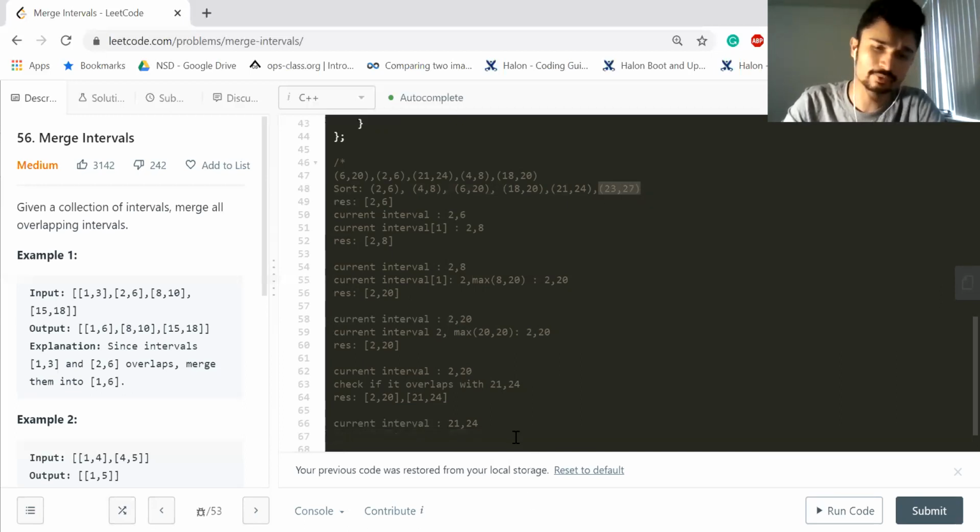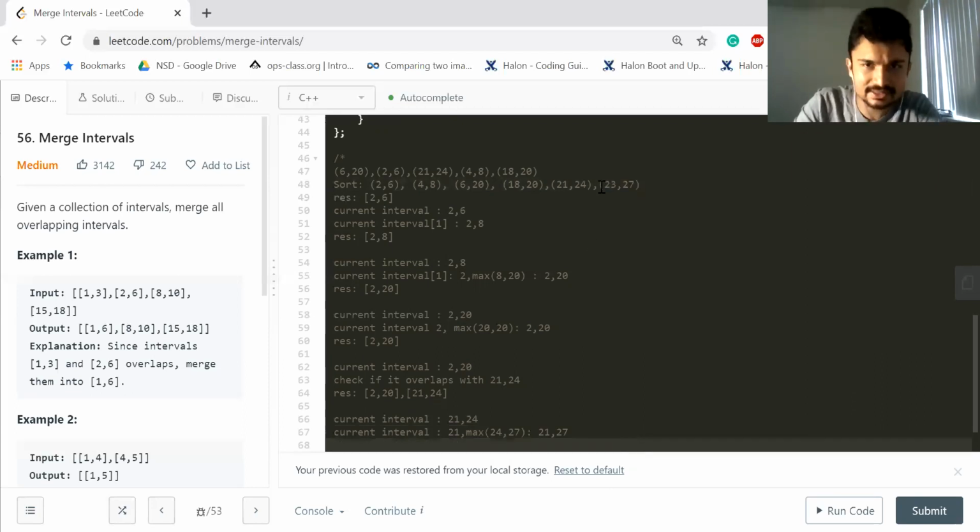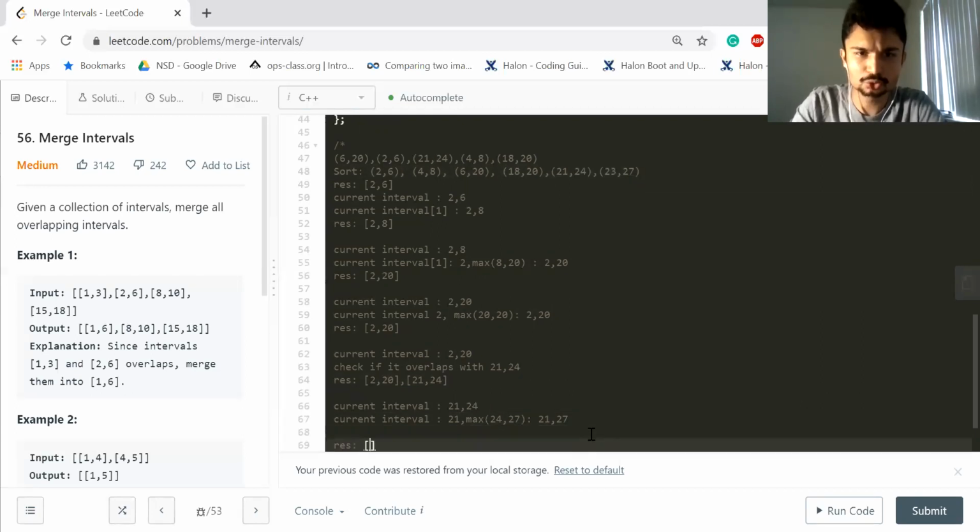I check if they overlap. Yes, they do overlap. Then the new current interval would become 21 comma maximum of 24 comma 27. So I merge them and say that it is 21 comma 27. So the result over here is 2 comma 20, and the same particular array is replaced with 21 comma 27.